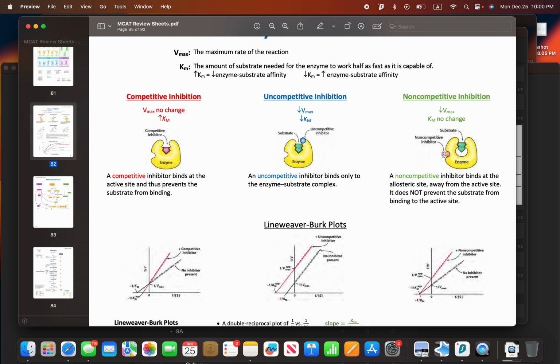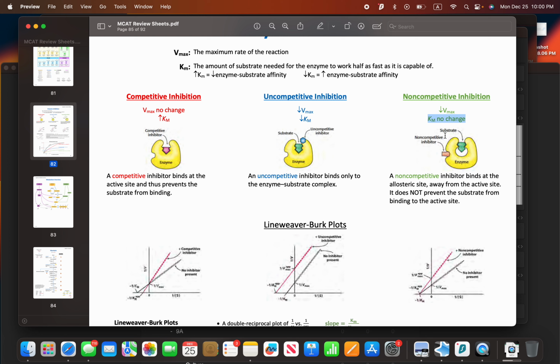So it can bind to both the enzyme substrate complex and the free enzyme. Because it can do that, the Km is not changed. The whole Km concept is the substrate concentration, the affinity with the enzyme.